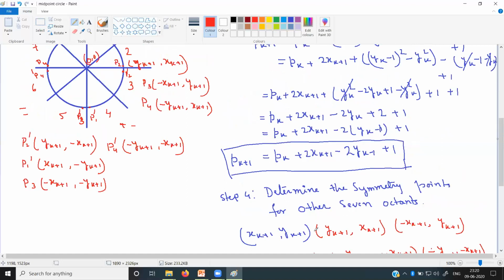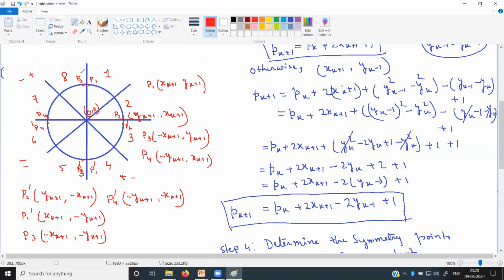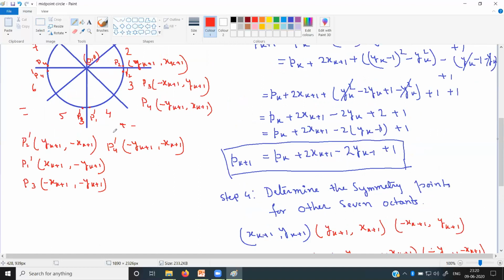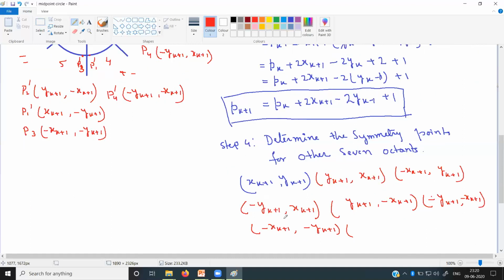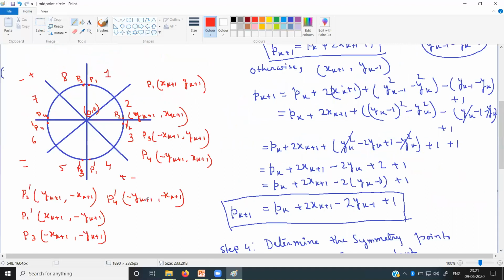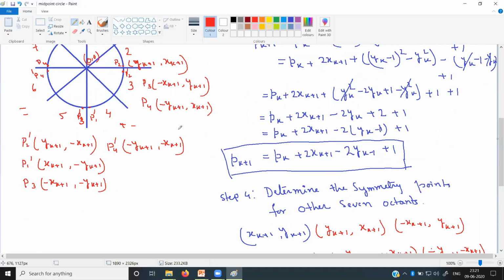So that I have already written. Sorry, it will be this P3 dash. So I missed xk plus 1, yk plus 1, this one, minus xk plus 1, yk plus 1, minus yk plus 1, xk, yk. So 3, 6, 7. And which one is left? yk plus 1, xk plus 1, minus xk plus 1, yk.